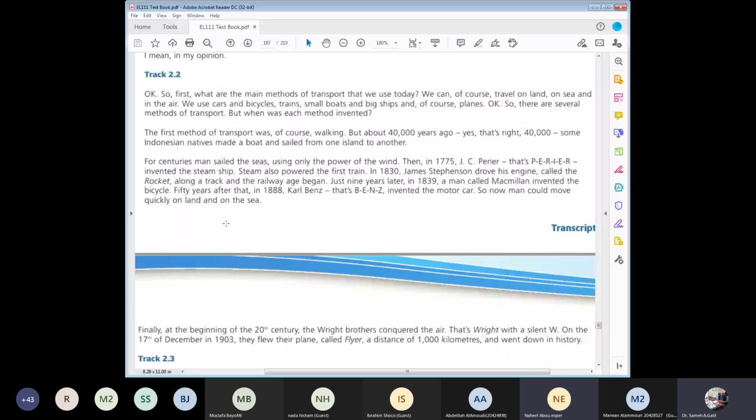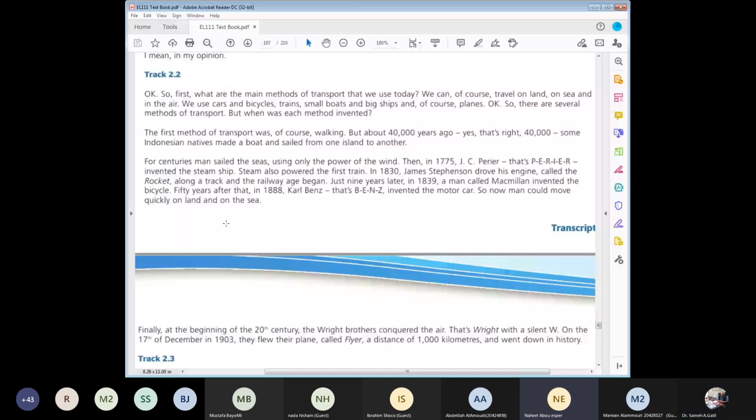Walking, yes. Then they start with boat. After that, with the boat, they use the power of wind. After the wind, they use the power of steam. Still, we are in the boat. They use the power of steam to move the boat.